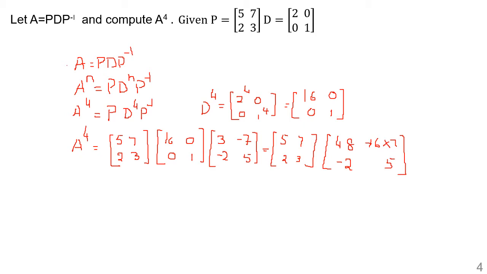When you further simplify this, you get 226, minus 525, 90, minus 209. This is the answer.